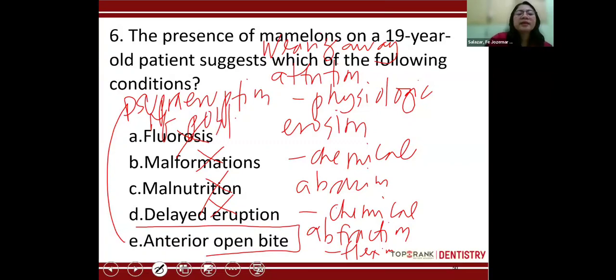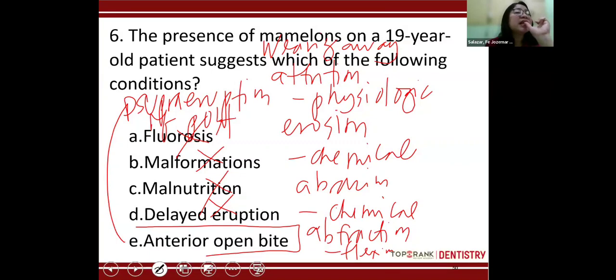Okay? Yan. Now, what are the things or the habits that could lead to this? Tama kayo. Thumb sucking. Ganyan, oh. Okay? Nag-thumb suck si baby. Anong nangyayari?